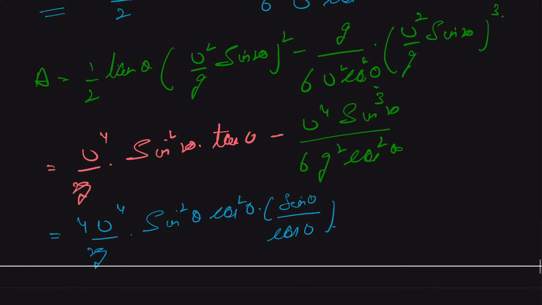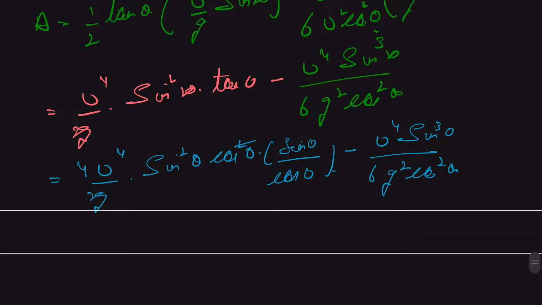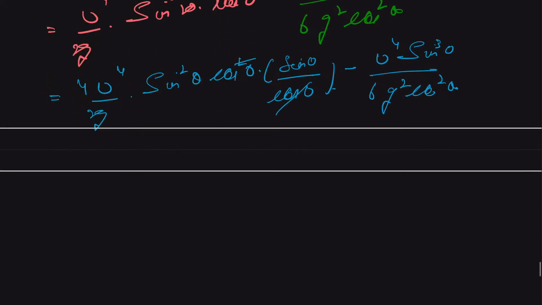and minus v raised to power 4 sine cube theta divided by 6 g square, and we have this as cos square theta, and square goes by cos, so we get this as sine cube theta.